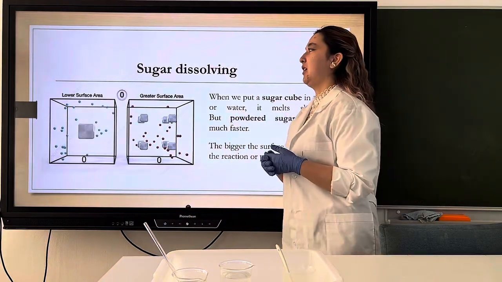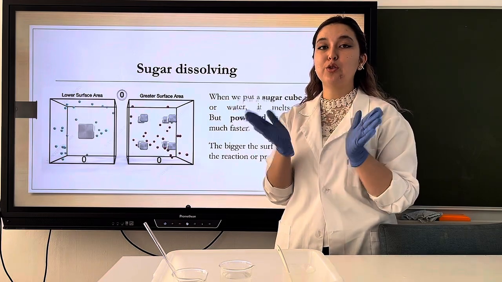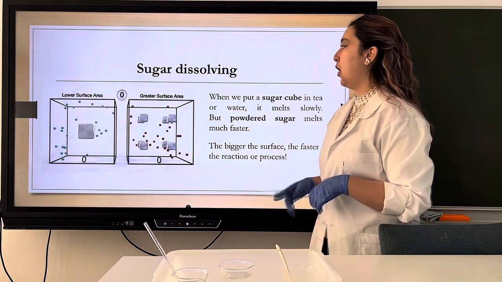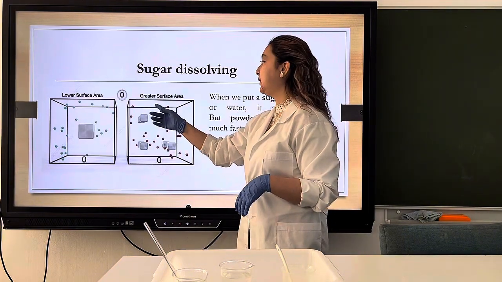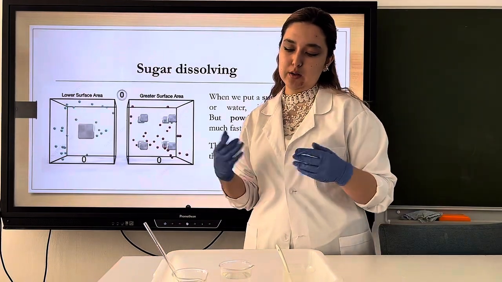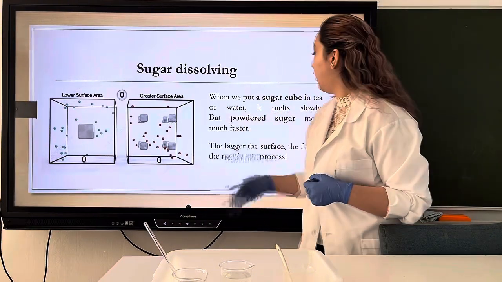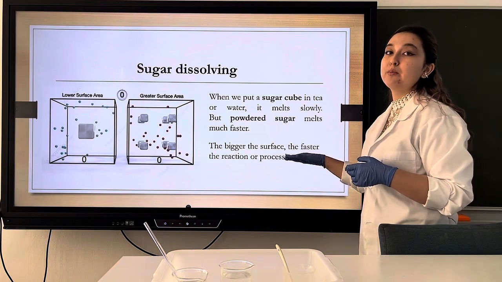Why? Because small sugar pieces have more surface area. More surface means more contact with water. This shows that the bigger the surface, the faster the reaction or process.